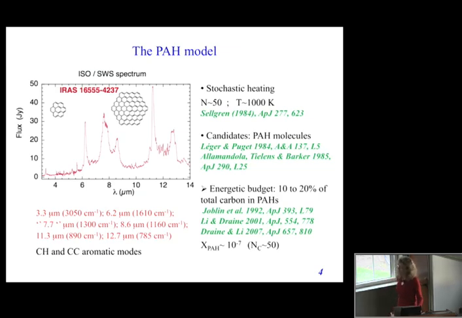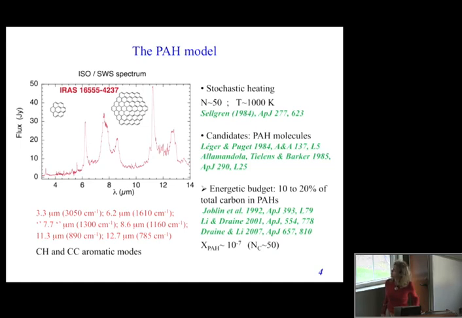The model came from the fact that, since these bands are observed in emission, you need a mechanism that would trigger this emission due to the absorption of a single UV photon. This is what we call stochastic heating.